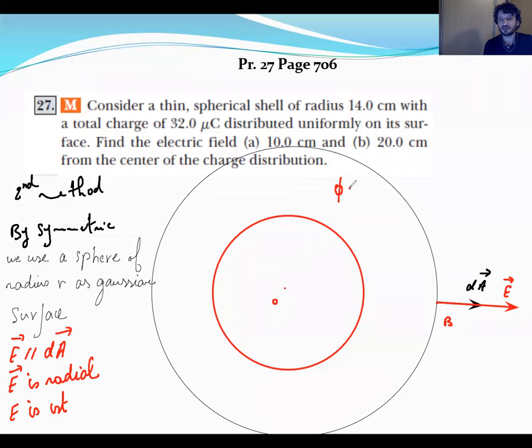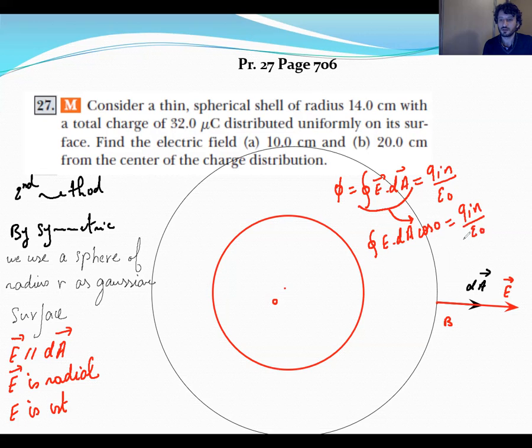After this, we can say the total flux equals the integral over the closed Gaussian surface of E dA, equals Qn divided by epsilon. This term concerns the Gaussian surface. E is constant at any point, and the angle between E and dA equals 0, so we can say this equals E dA cosine 0, equals Qn over epsilon. E is constant, so E integral dA equals Qn over epsilon.